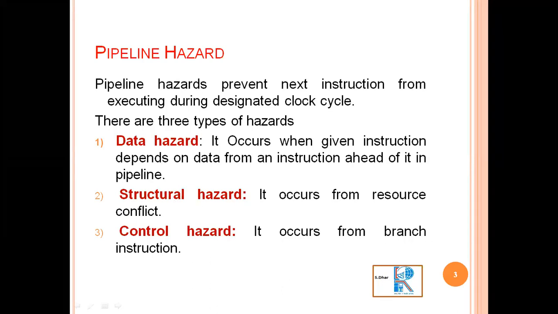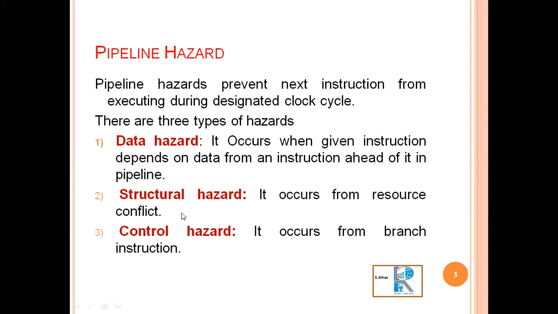Now suppose there are two consecutive instructions which require memory read operation, and there is another instruction which requires memory write operation. But as there is a single bus for this, the next instruction has to be stopped because it is already occupied by the previous instruction. So as the next instruction is stopped in the subsequent cycles, that is a hazard from the definition of the hazard.